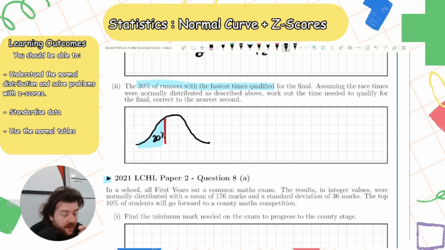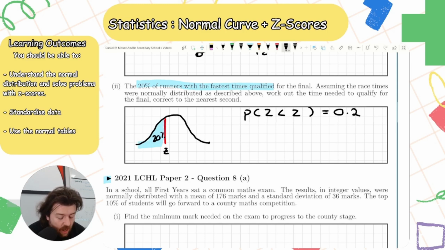Now we need to find out the time that you qualify for. If 20% of the fastest people qualify, what is that time? Well, I know the probability that the Z score is less than some random Z is equal to 0.2.